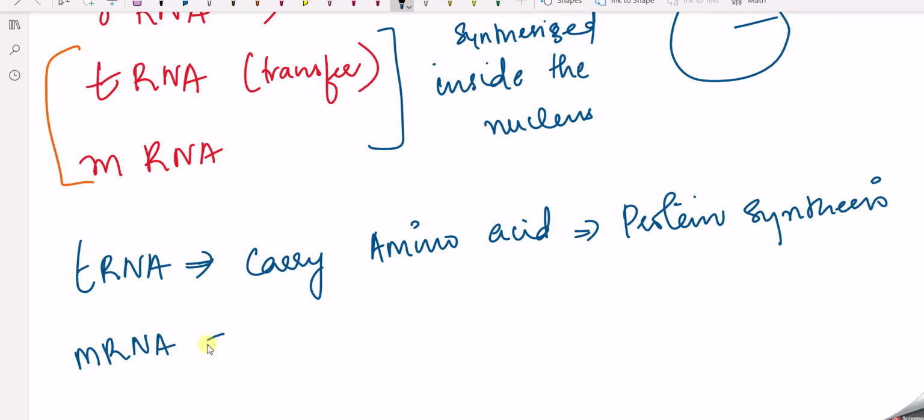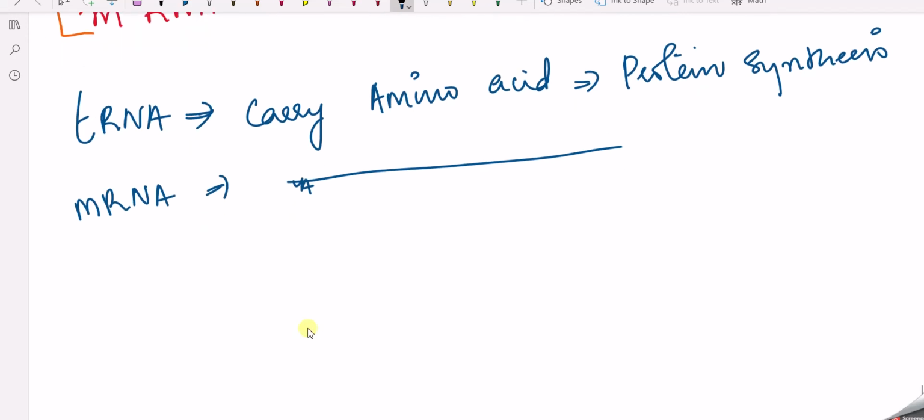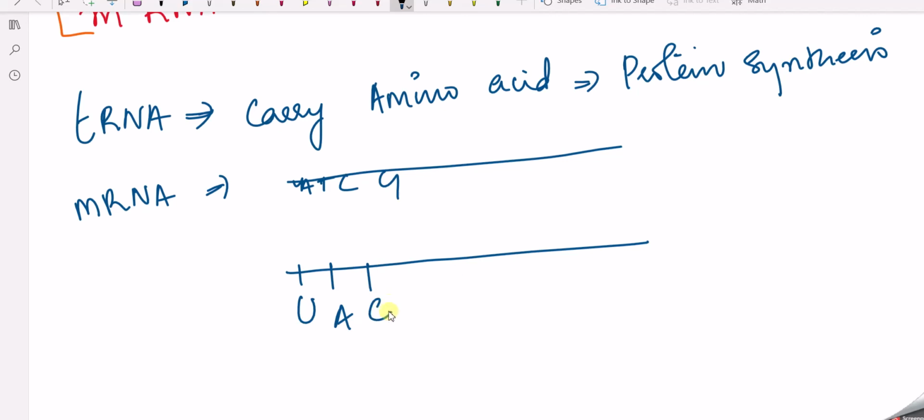Now coming to the mRNA. What is this mRNA? This is what you get from the DNA. If you take one DNA and read it and produce a corresponding RNA, like UAGC, that process of producing an RNA from a DNA strand is called transcription.